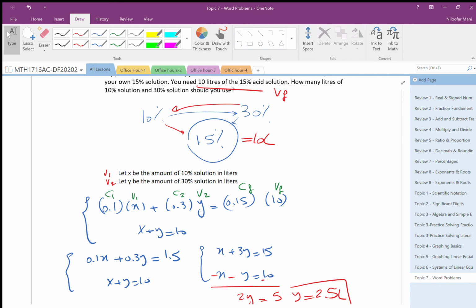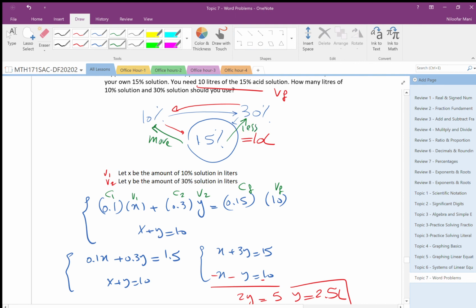Look at this. This one is much closer to this one, and this one is far from this one. When I compare, which one is closer? 15% is closer to 10%, so I want more from this and less from this. This is just estimation.